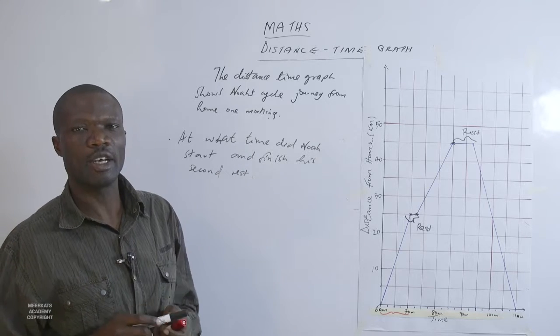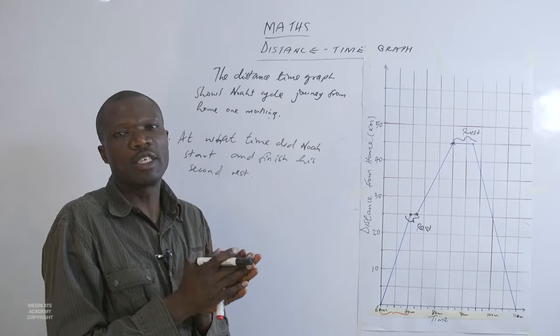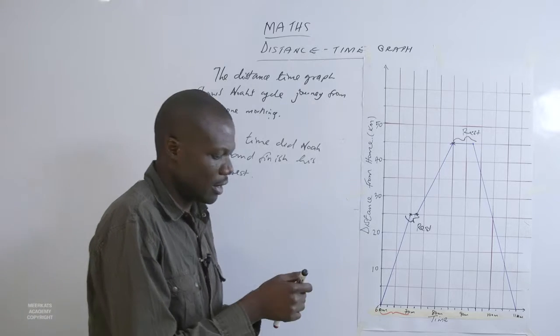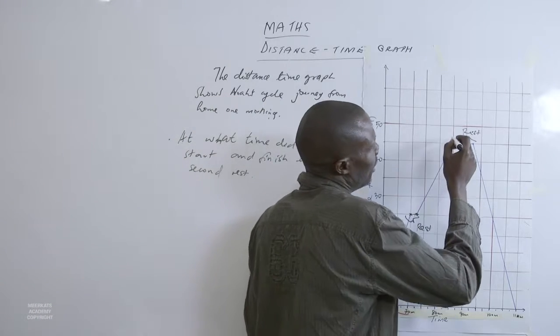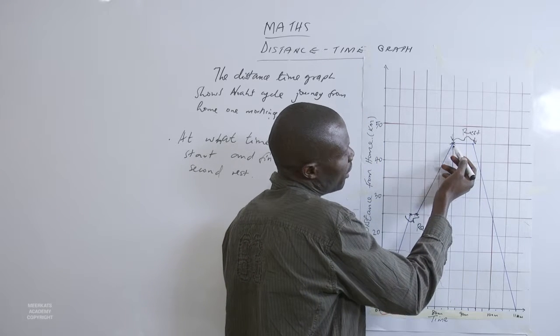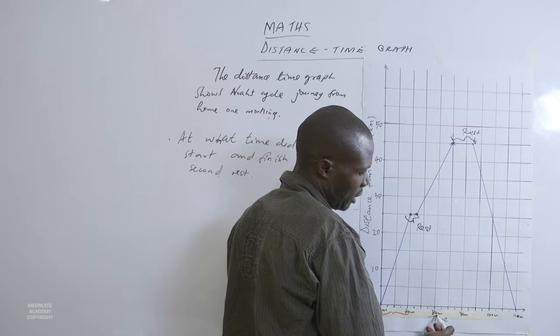Let us again take a look at our graph. We are going to concentrate on our second rest and see what time the rest started and what time the rest ended. And you realize that the rest comes under here. We started from here and ended here. We follow the grids here. When you follow down, you find this is 8, this is 9.